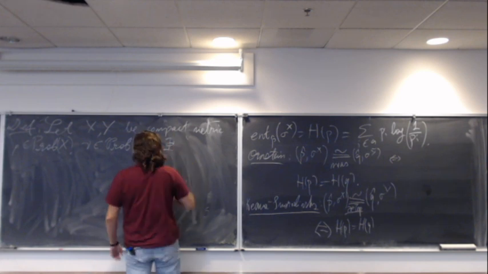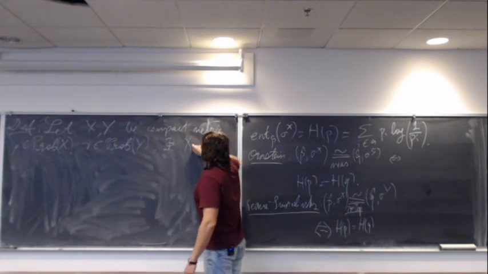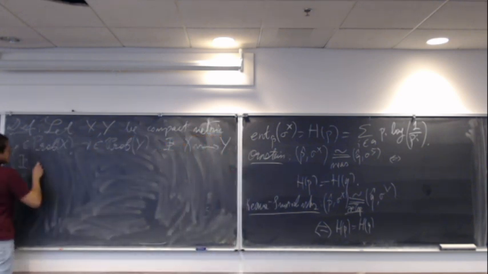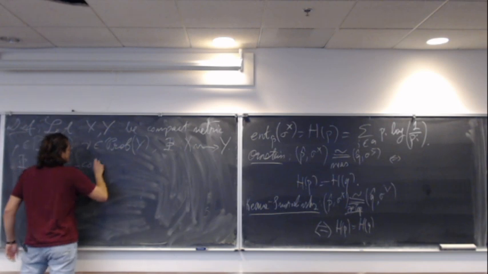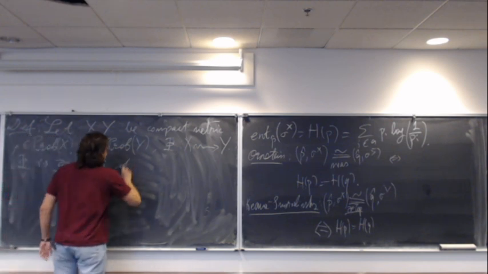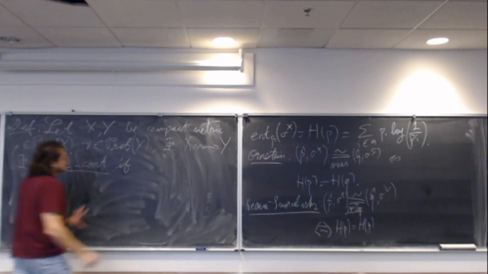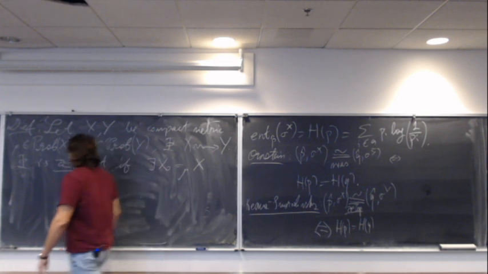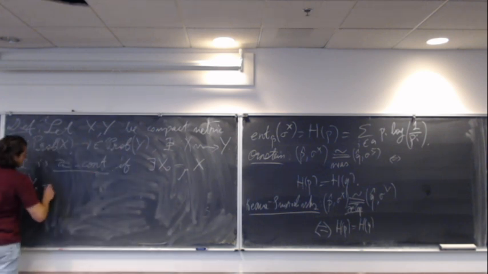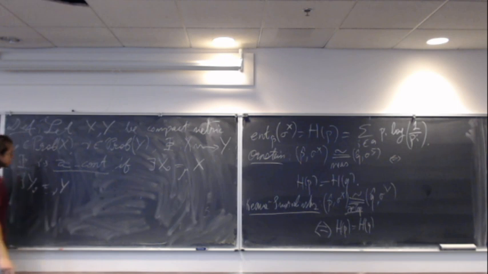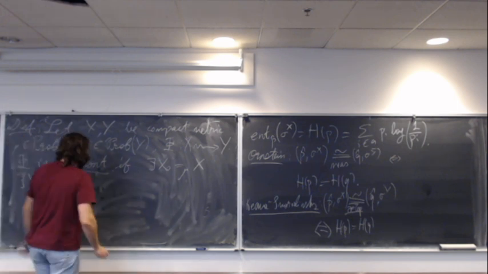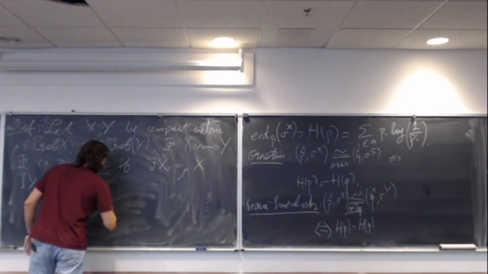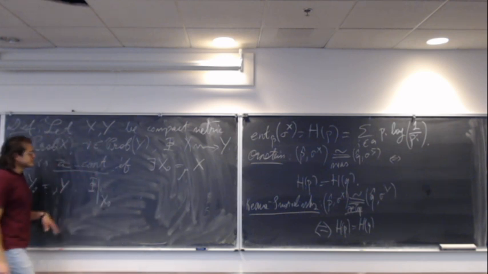And let's say that we have a partially defined function from X to Y. I call it a.e. continuous if there are full measure subsets X0 and Y0 such that when restricted to this X0, with respect to the subspace topology, it becomes continuous.